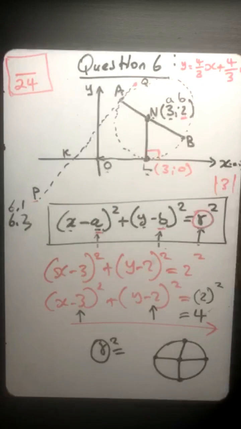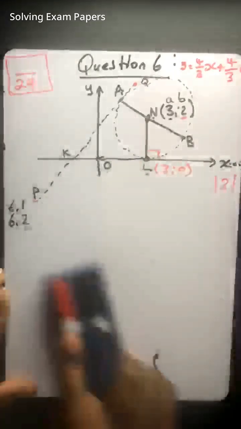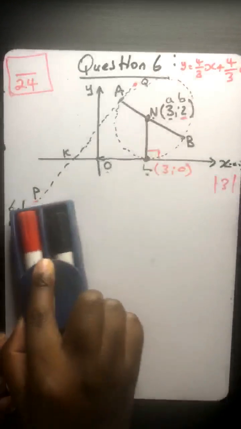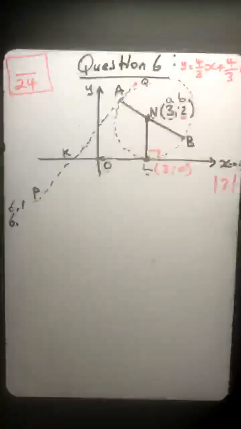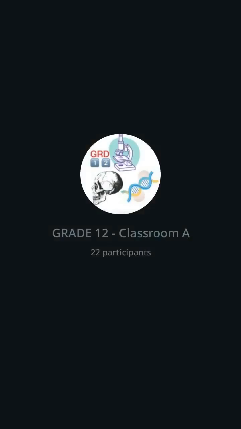Okay, so just remember that this is the second way of working it out. If you understand the first method, you can still apply it. This one you only apply if you already know the length of your radius.